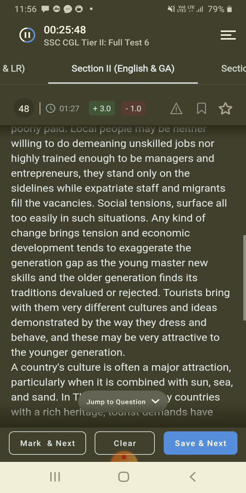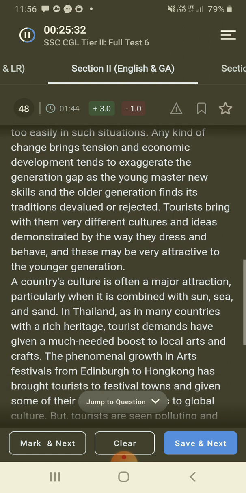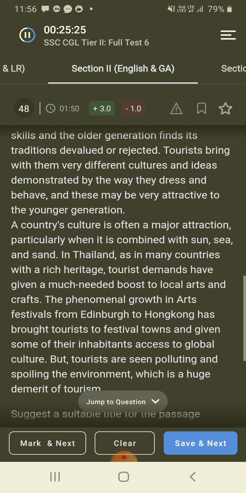They stand only on the sidelines while expatriate staff and migrants fill the vacancies. Social tension surfaces all too easily in such situations. Any kind of change brings tension, and economic development tends to exaggerate the generation gap as the young master new skills and the older generation finds its traditions devalued or rejected.